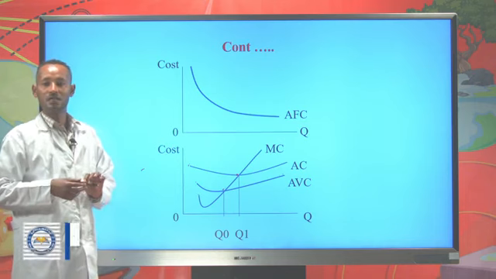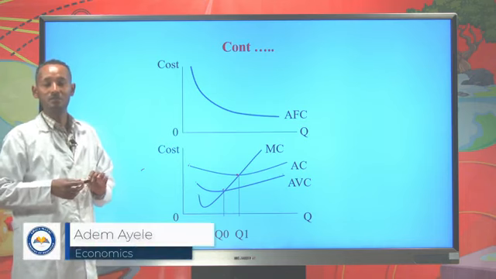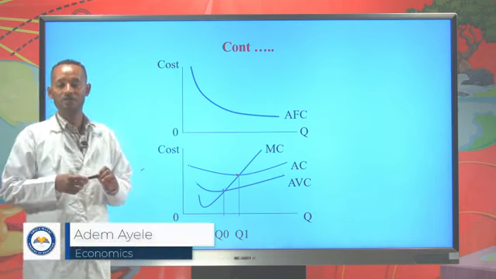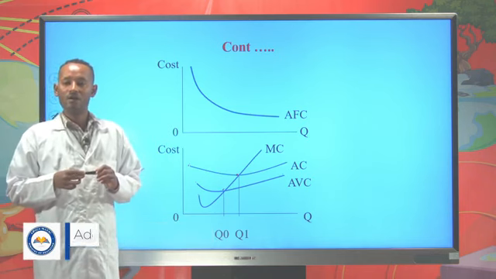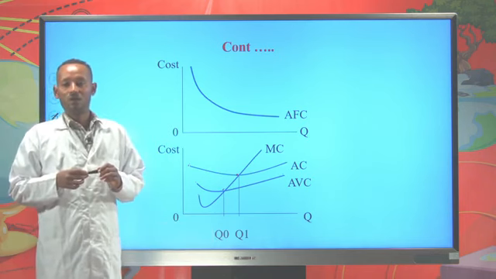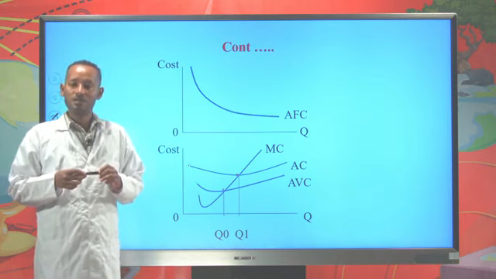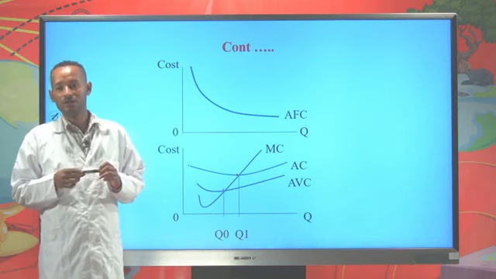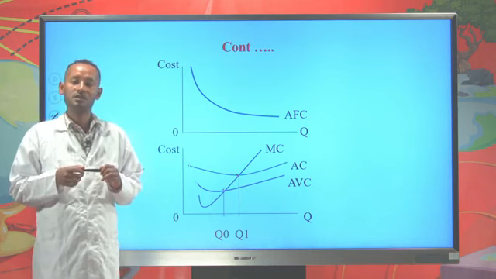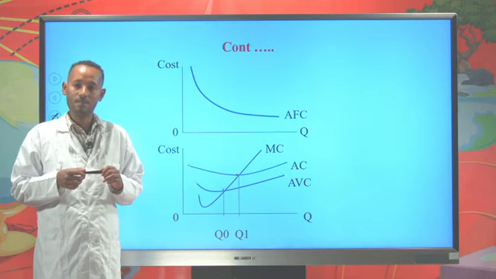So, the three relationships between the MC and the AC or the AVC curves are: whenever AC or AVC is above MC, AC or AVC decreases. Whenever MC equals AC or AVC, then AC or AVC reaches its minimum.